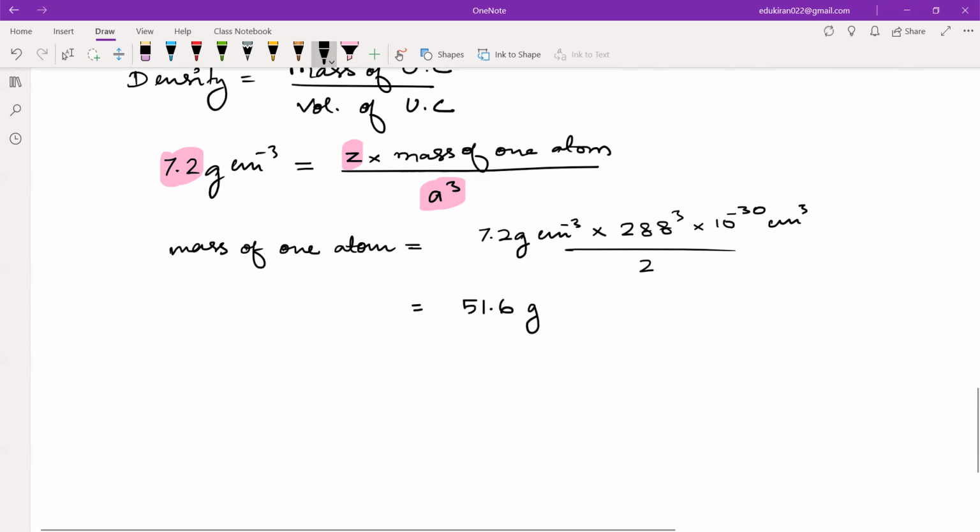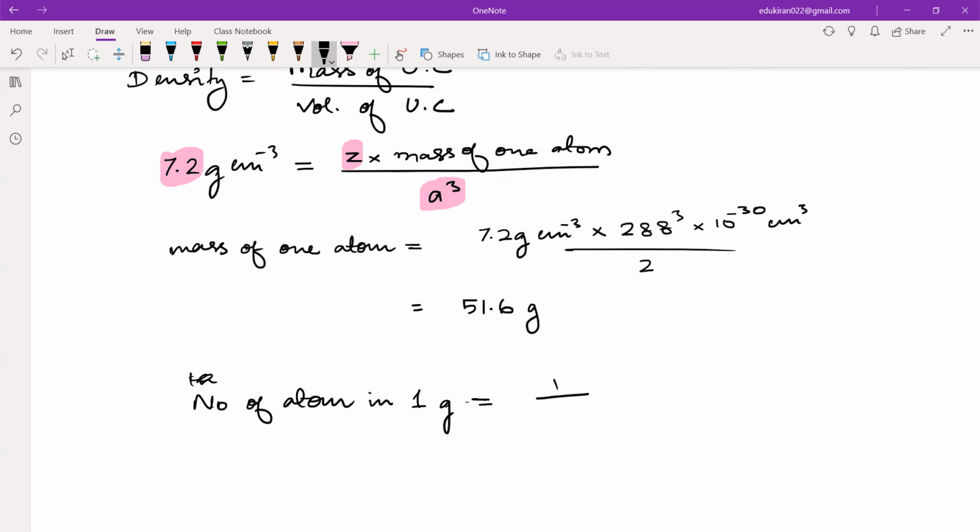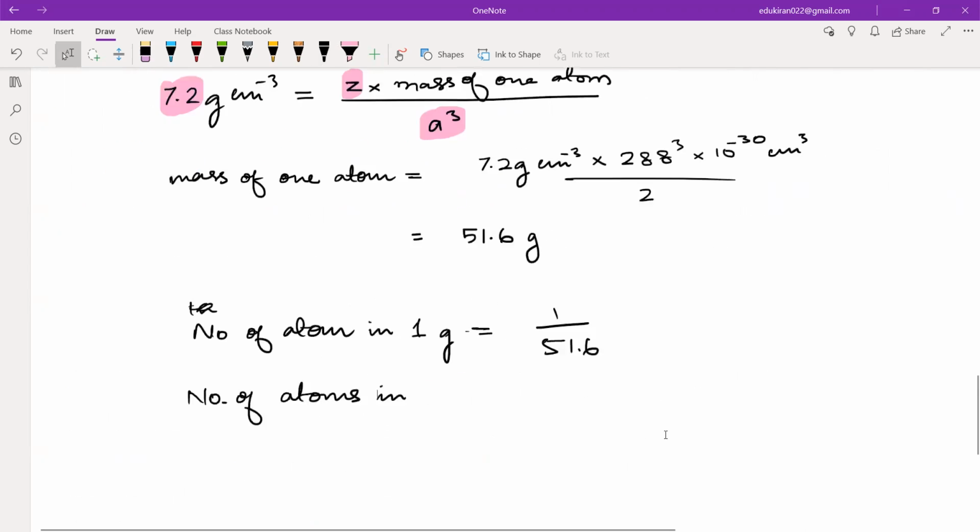Okay, so after 51.22, you must be getting here, sorry, this will not be gram per mole, this will be just in grams. Sorry, I should have written it just as grams here. Now, in 1 gram, the number of atoms is equal to 1 by 51.67. Now, how many grams were given in the question? 208 grams.